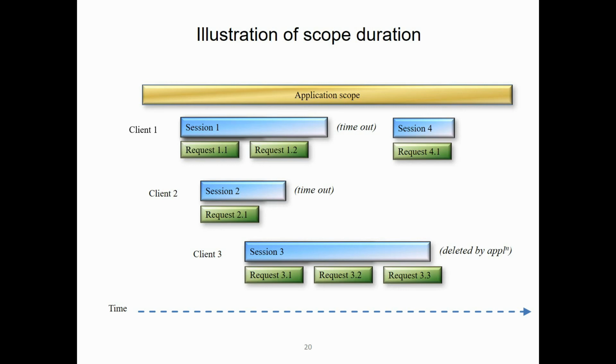For example, request 3 might actually be a logout request, in which case all those bits of information that have been stored in session 3 need to be deleted, so we should delete that object. And another request has now come in from client 1, but because client 1's session has timed out, that has caused a new session for client 1 to be created.